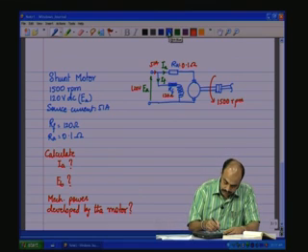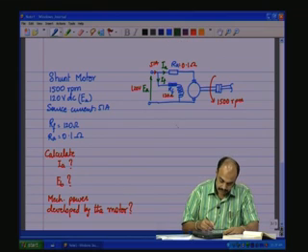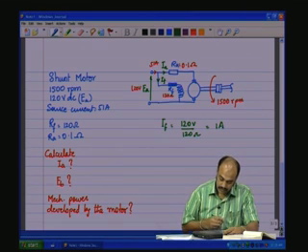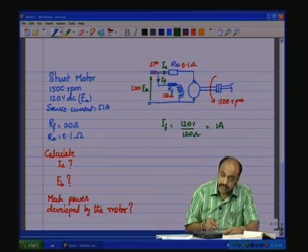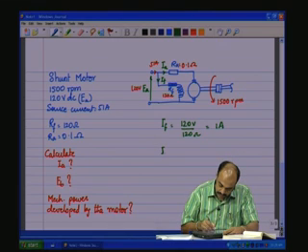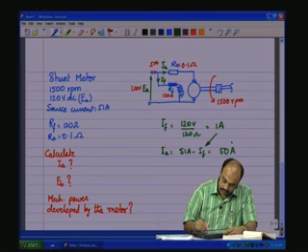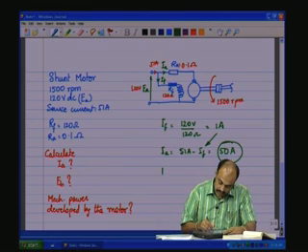And now, let us calculate first IA. Now, IF is known, easy to calculate, which is 120 volts by 120 ohms, which is equal to 1 amp. So, 1 amp flows through the field, 51 amps is coming from the source. So, IA is equal to 51 amps minus IF, which is equal to 50 amps, because IF is 1 amp. Now, what is EB?